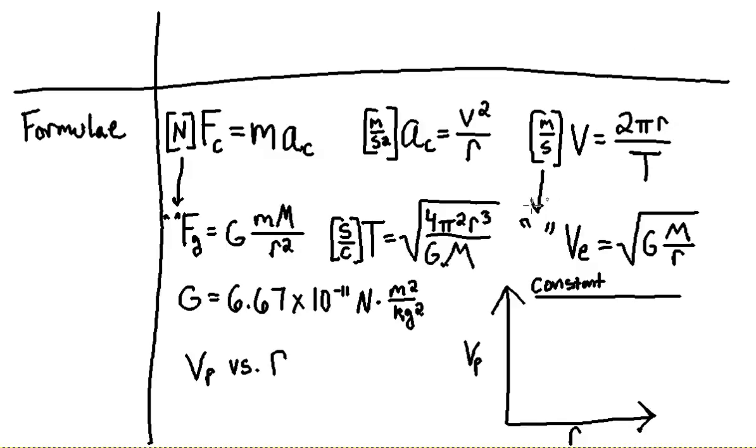I guess the way that I need to describe this is the radius does cause this to go up, but since it causes the period to go up a lot faster, it's going to cause the velocity to go down overall. So this is what's called an indirect relationship that is leading to an inverse relationship.